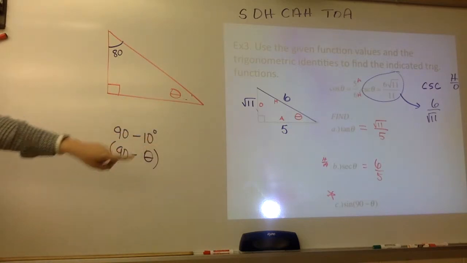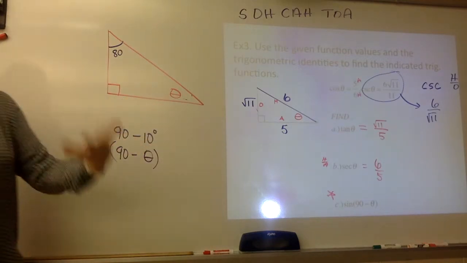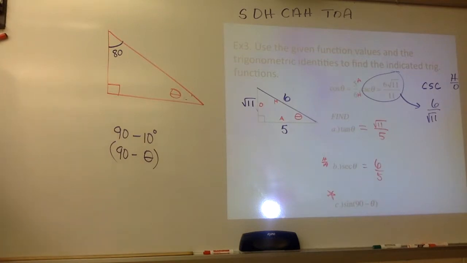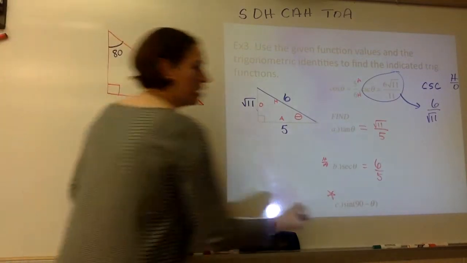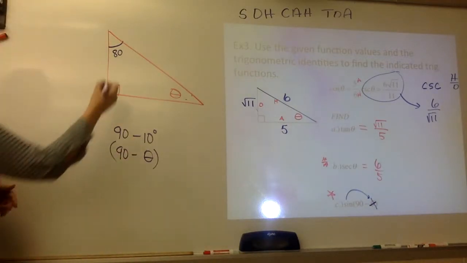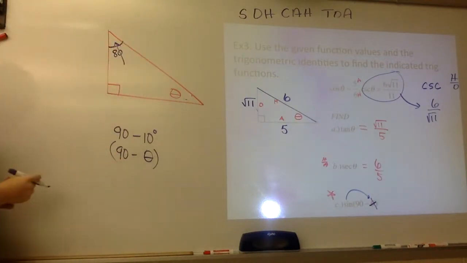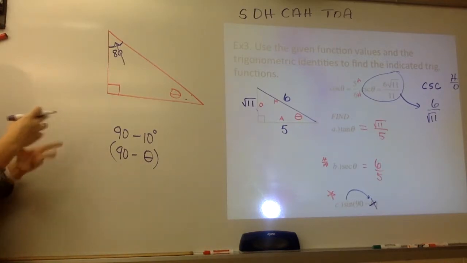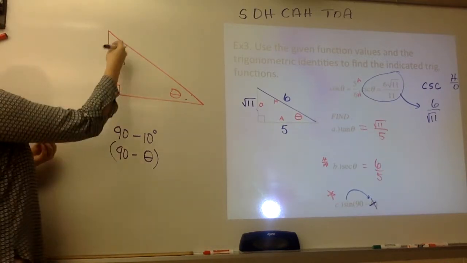So when I look at example C and it says, tell me the sine of 90 minus theta, it means I don't want to know the sine of theta. I want to know the sine of this angle here, the opposite angle. It's a tricky mathematical way of saying what is the sine of this angle.